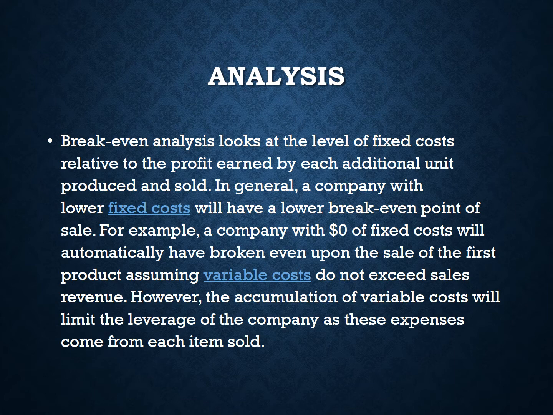For example, a company with $0 of fixed cost will automatically have broken even upon the sale of the first product, assuming variable costs do not exceed sales revenue. However, the accumulation of variable costs will limit the leverage of the company as these expenses come from each item sold.